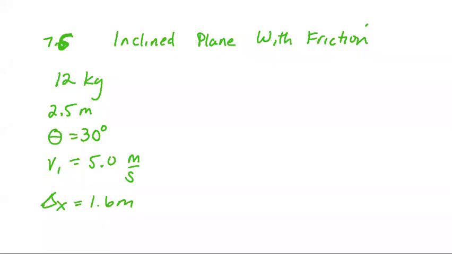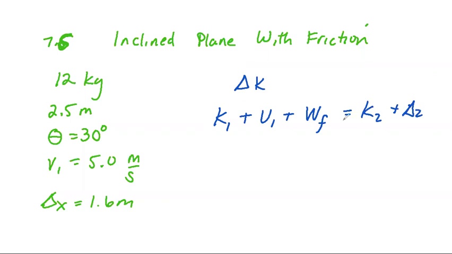All right, so we slid it up there, it stopped, and that was because of friction. So we have K1 plus U1 plus the work of friction equals K2 plus U2.